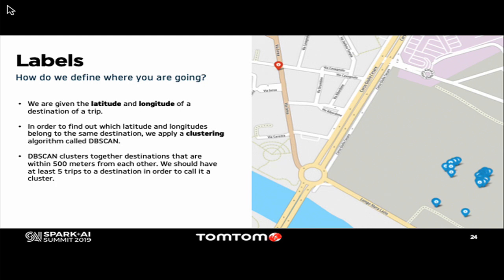So you see that this is a favorite location, for example, for a user. And then the red dot would be what we call a noise location, which means you've only been there once. You don't go there that often. We cannot really try to predict that. So now we have our features and our labels.